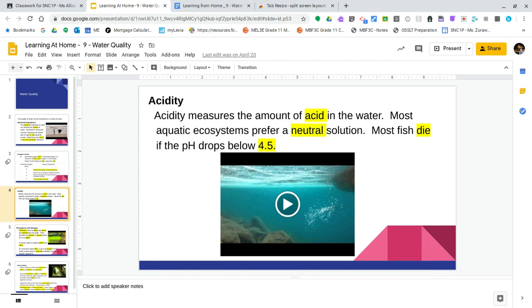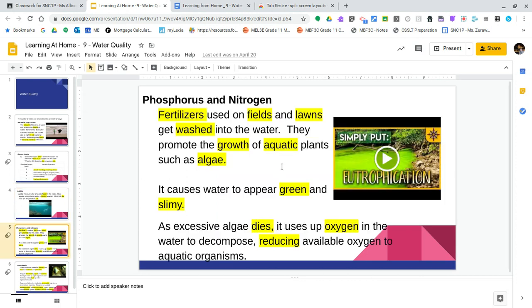And most fish are going to die when the pH drops below 4.5, which means that it is getting more acidic. So the more acidic something gets, the harder it's going to be. But really, they want to stay at that sort of neutral range of around 7, to sort of be optimal, I guess, and be more of a neutral solution. So watch that one.